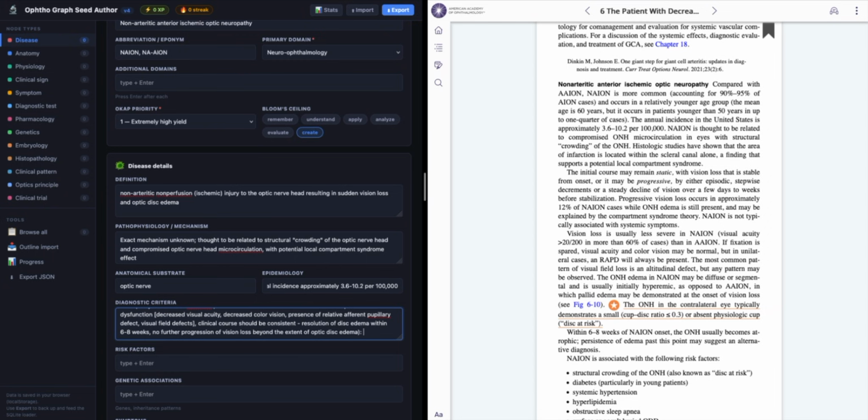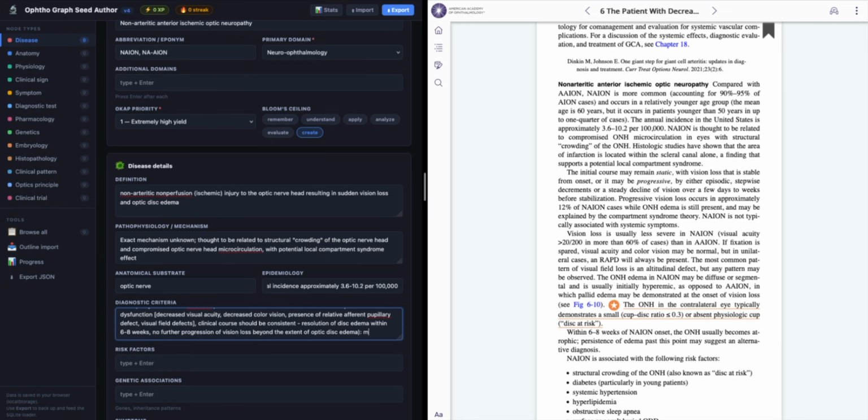you may be wondering, where am I coming up with all of this? This is really just because with neuro-ophthalmology being my subspecialty, this is stuff that basically just comes to mind as soon as I work through this diagnostic criteria description.